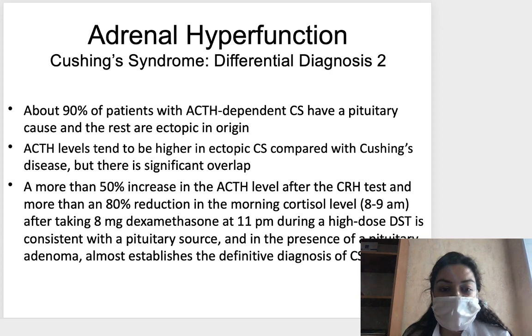A more than 50% increase in ACTH level after the CRH test and more than 80% reduction in the morning cortisol level after taking 8 mg dexamethasone during the high-dose DST is consistent with a pituitary source, and in the presence of a pituitary adenoma almost establishes the definitive diagnosis of Cushing's disease.